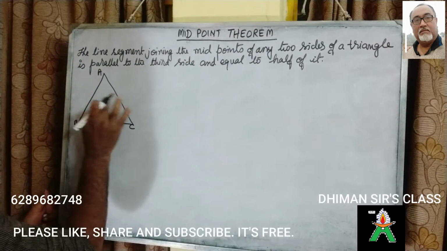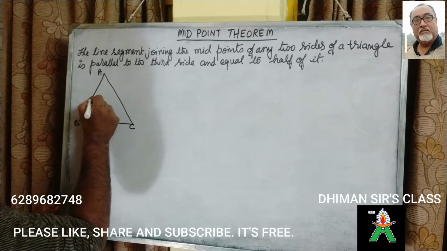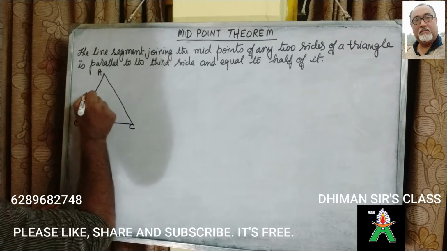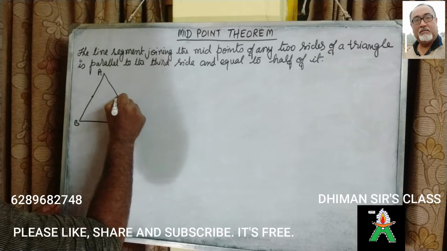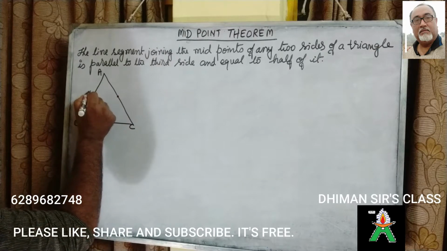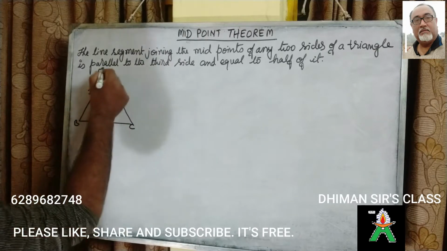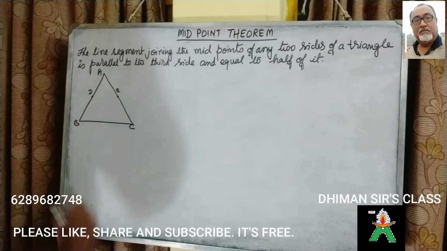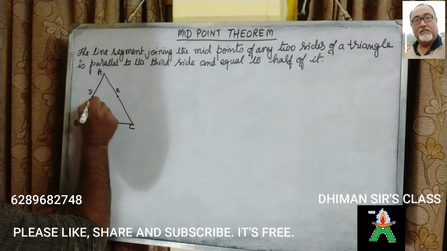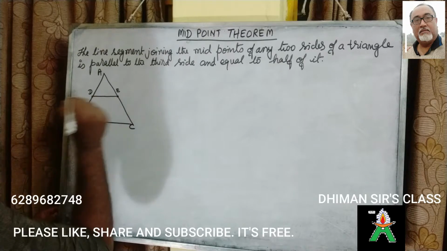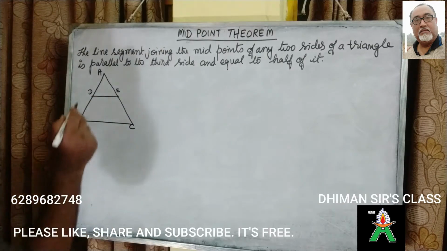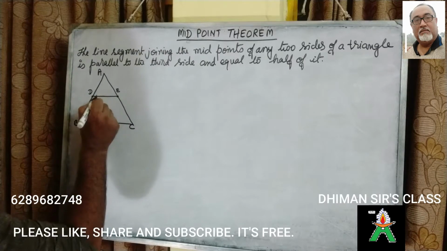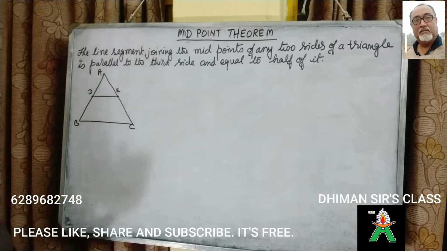Let's take the two sides AB and AC. Let D be the midpoint on AB and E be the midpoint on AC. And DE is joined. Now here we have to prove that this line is parallel to this line.